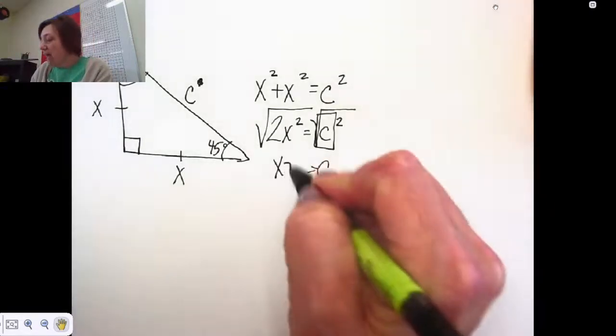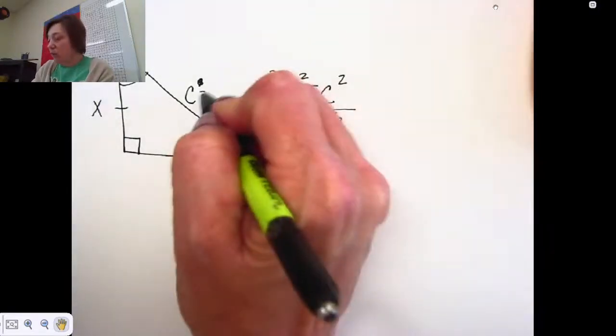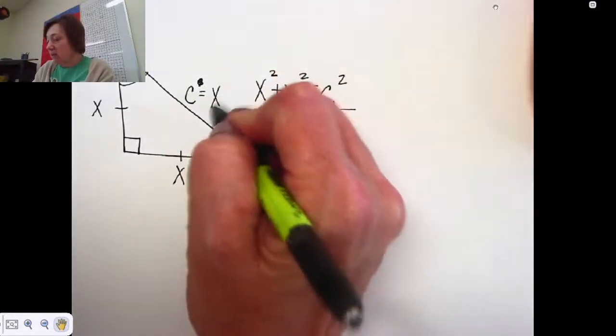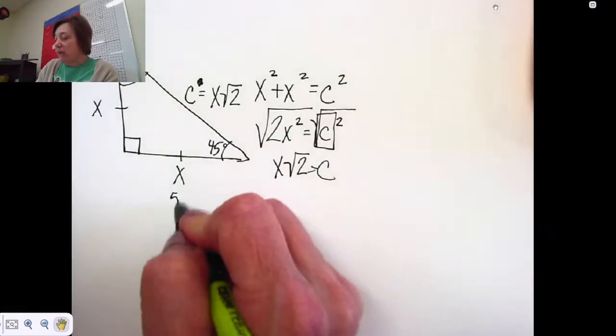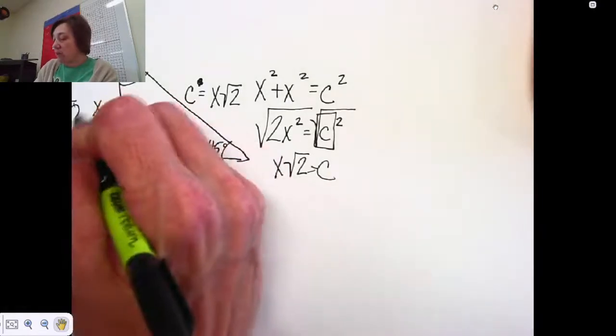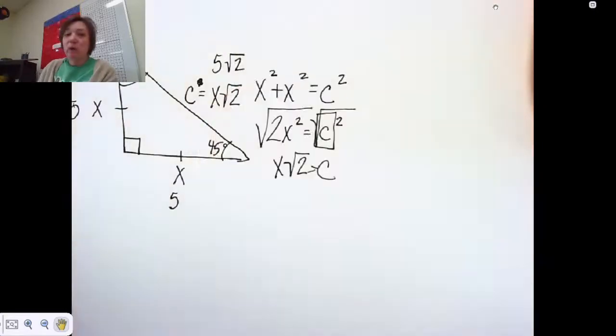So to find c, we take the value for the short sides and multiply it by the square root of 2. Like if this side is 5, this side is also 5, and this side is 5 square roots of 2.